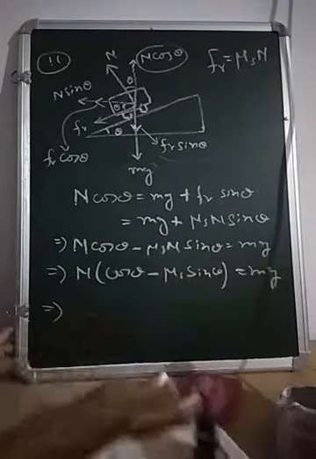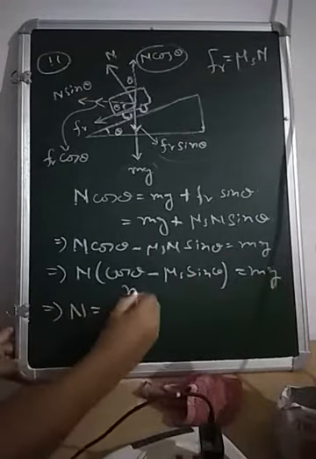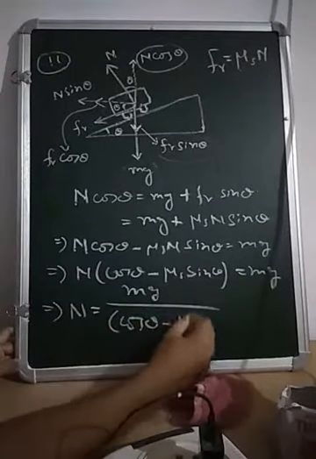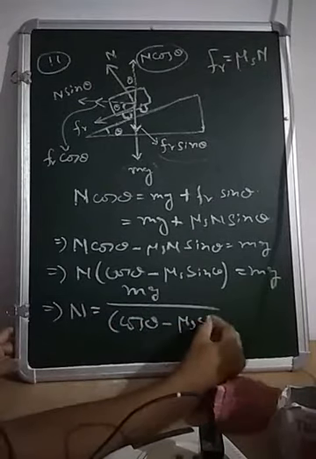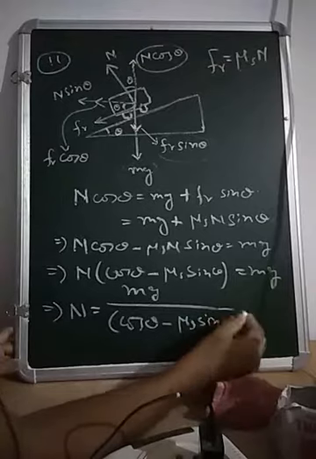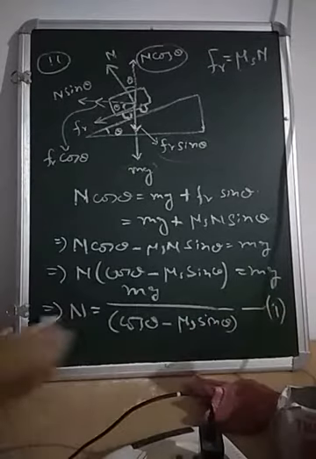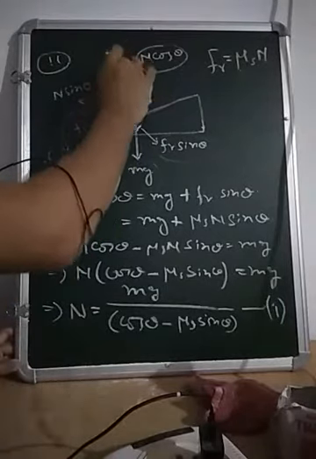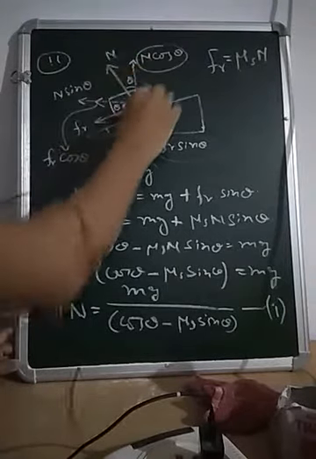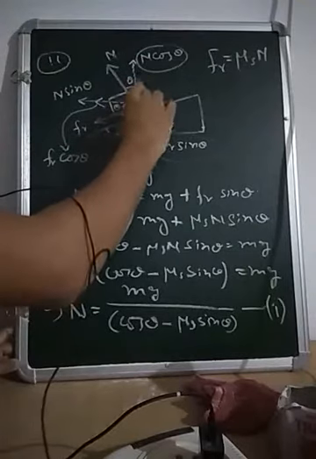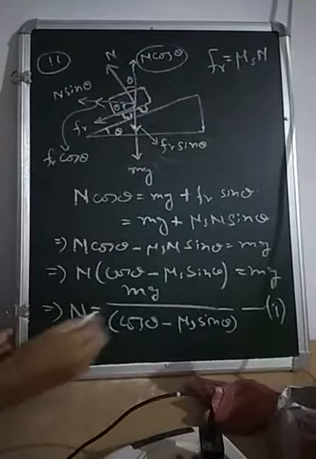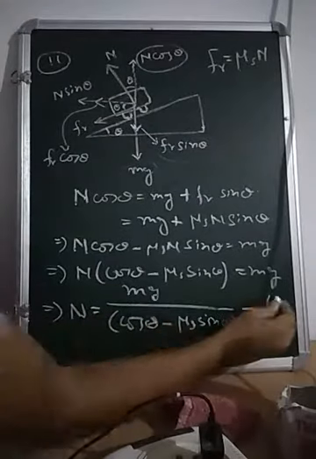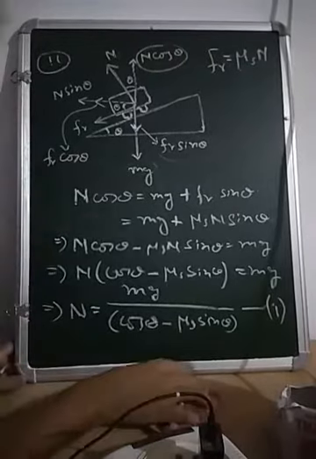Or you can write N times (cos theta minus mu s sin theta) is equal to mg. So the normal reaction on this car is N equal to mg divided by (cos theta minus mu s sin theta). Okay, so I have labeled this equation number 1.